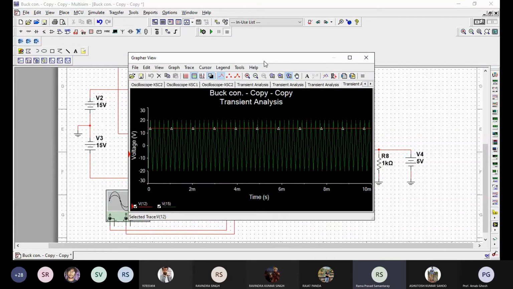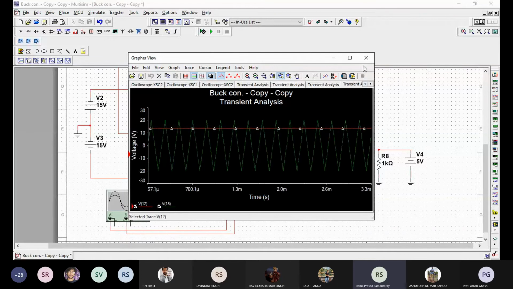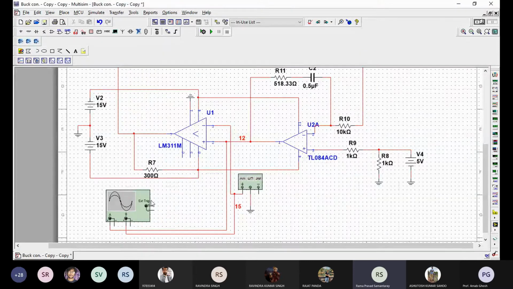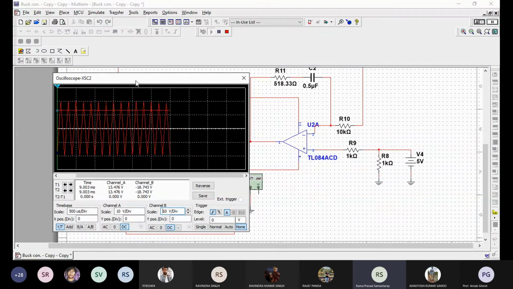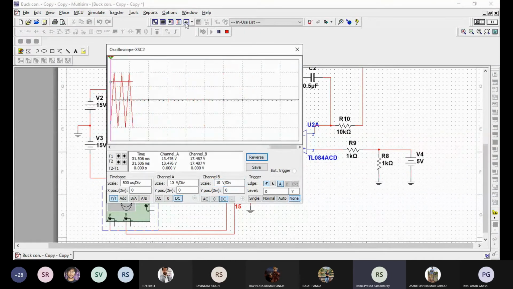Okay. And using cursor you trace the values. Then manually you can see the waveforms. You have to run this using grapher.